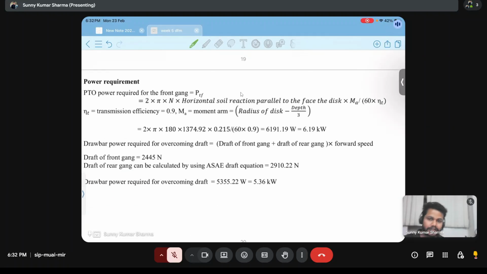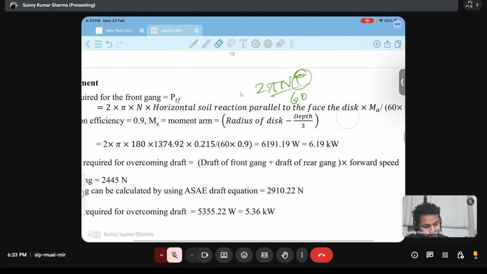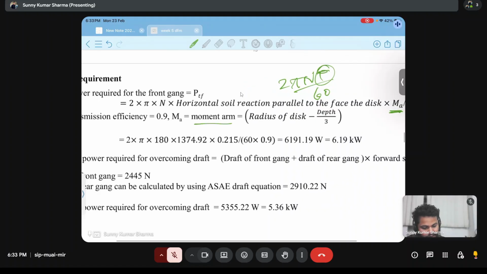For power requirement, as I was discussing in the first slide, PTO power will be required for rotating the front gang. So PTO power required will be 2 pi n into T by 60. T, that is torsion, will be calculated by the force acting and the distance at which it acts, that is the moment arm.